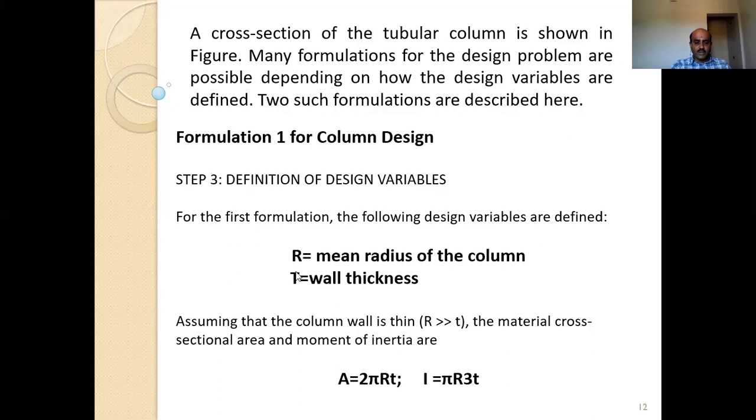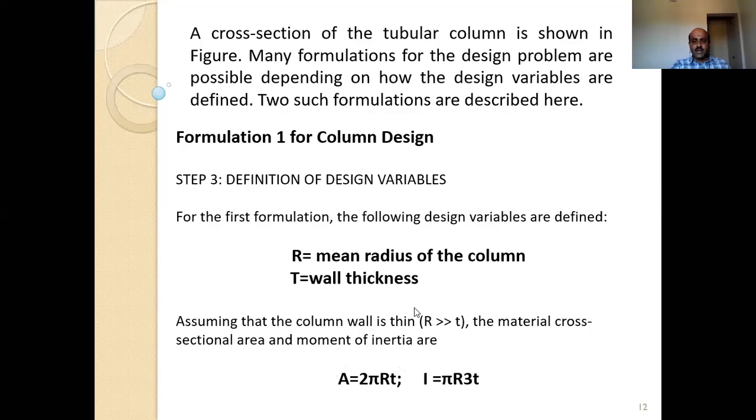It should be a small t, by mistake it is a capital T. Assuming that the column wall is thin, R should be much greater than the thickness. The material cross-sectional area A is equal to 2 pi R t, and the moment of inertia I is equal to pi R cube times t. So this is the formula for calculating the cross-sectional area and the moment of inertia.